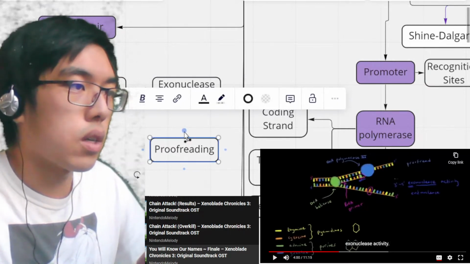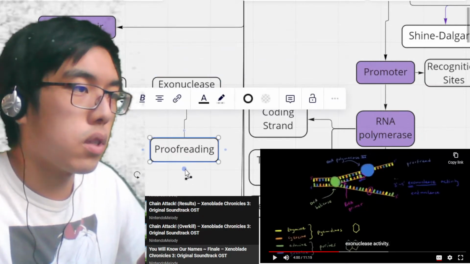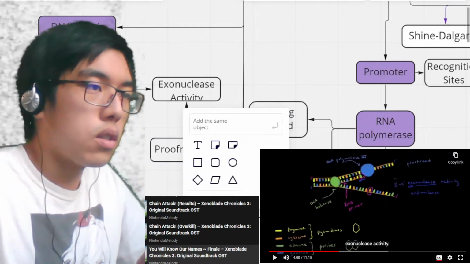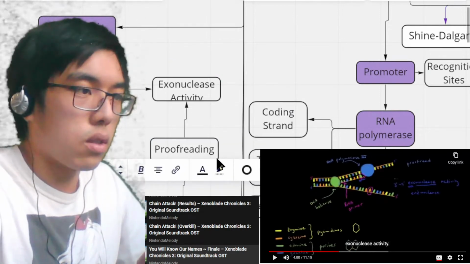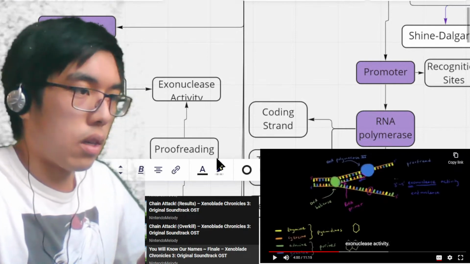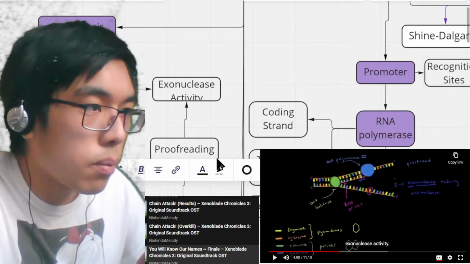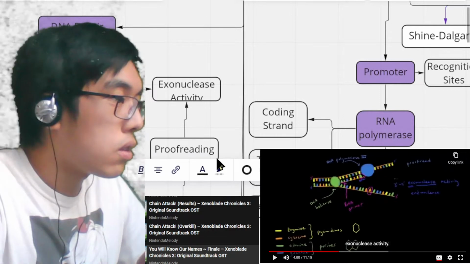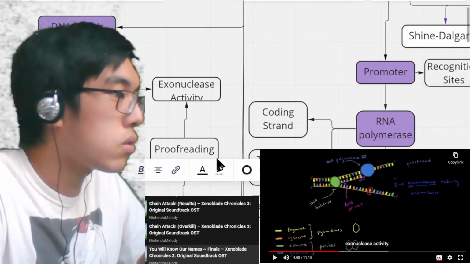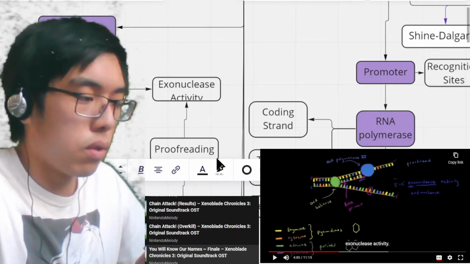So it goes that direction, and then proofreading also goes down in referencing endonuclease activity to catch problems happening in the middle of the thing. Endonuclease. I think I'm pretty sure I wrote that correctly.